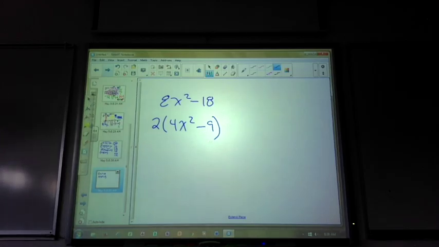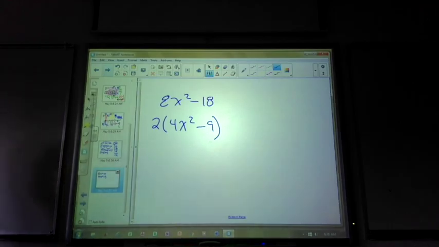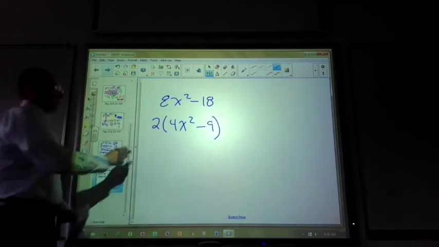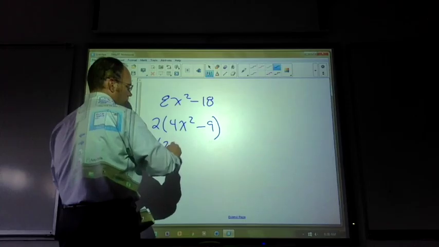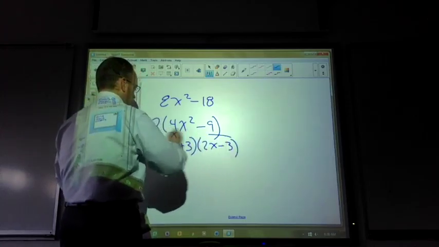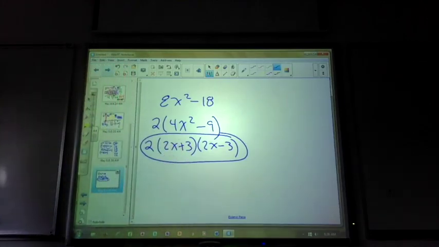It is a perfect square. Is 4x squared a perfect square? That's 2x times 2x, right? And is 9 a perfect square? So this is a difference of 2 squares. Done.